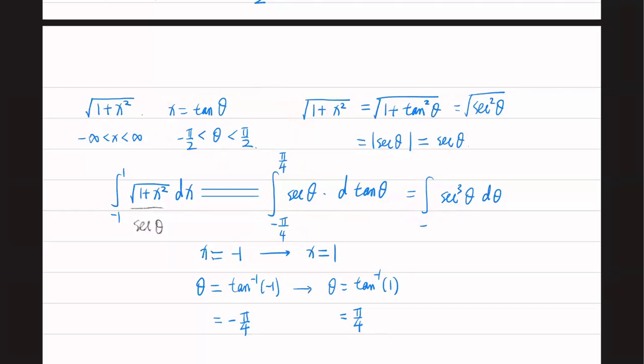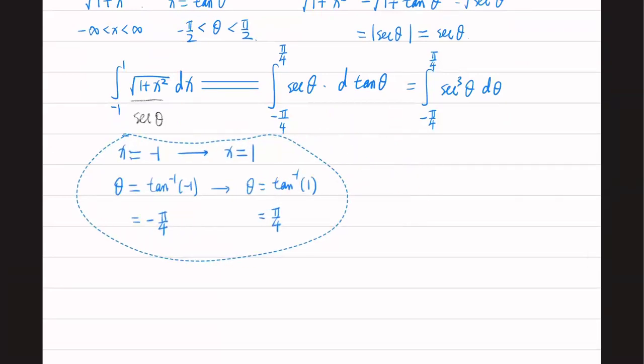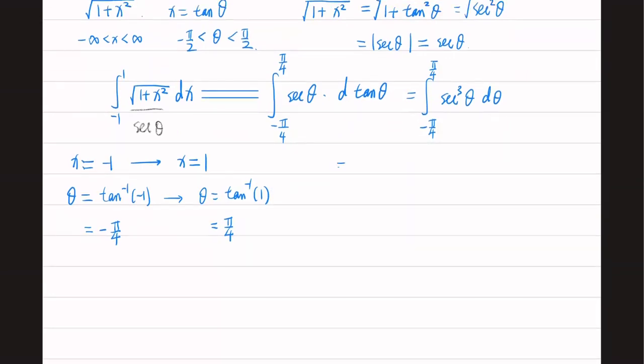Okay, let's match this. And we have integrated this one before. Let's find the formula and just copy this.